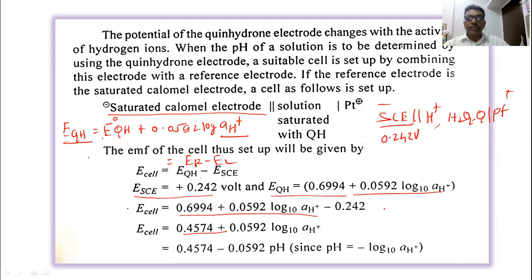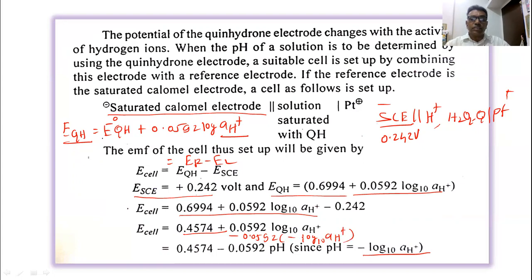Now we know that pH is equal to minus log of the activity of the hydrogen ions. So we can change this. We write here minus 0.0592 in bracket minus log of the activity of the hydrogen ions.